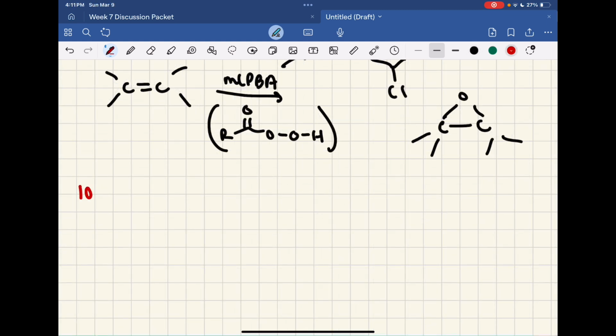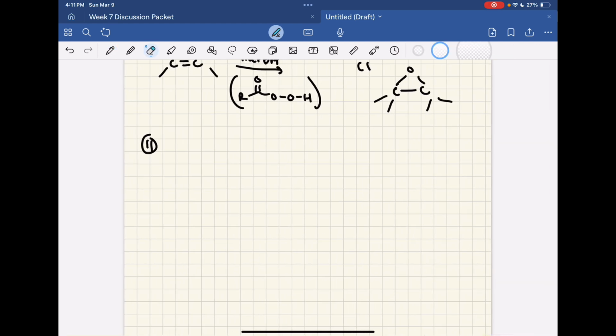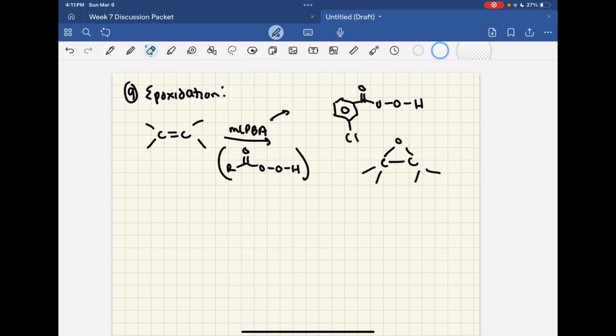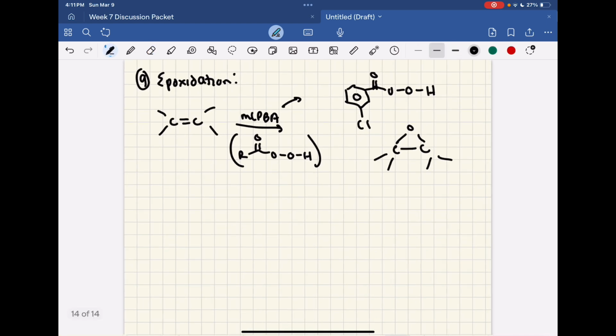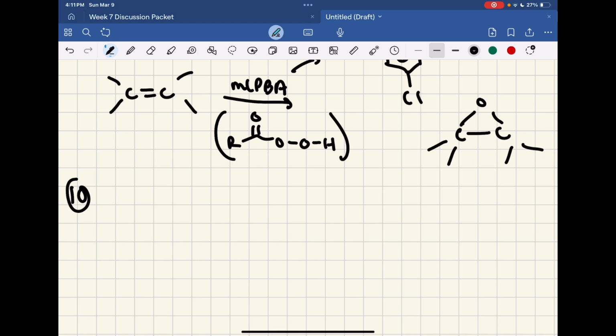I want to touch up on the last reduction. This, 10, sorry. Okay, so this is called catalytic hydrogenation. It is a reduction.